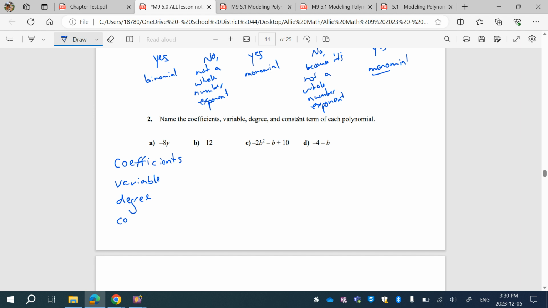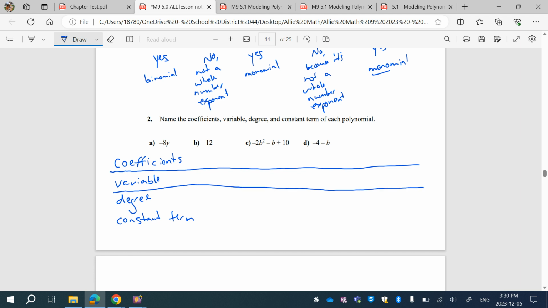And let's do constant. I wish I knew how to draw straight lines. I'm sure there's some way to do this, but I'll do my best. Looks like we're going to have 4 columns.